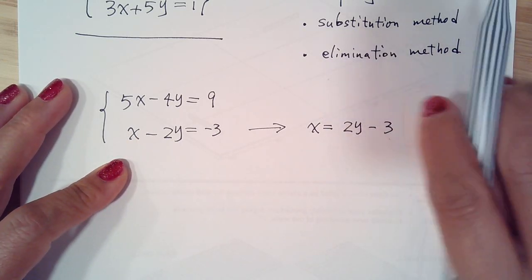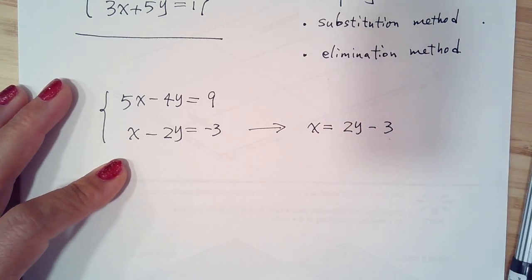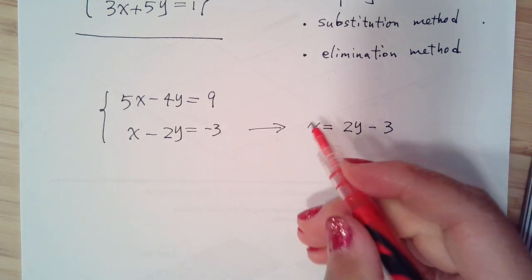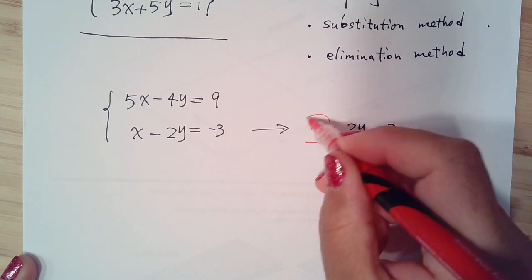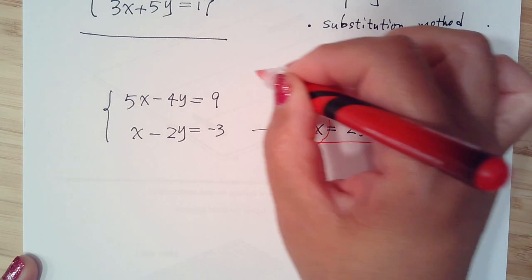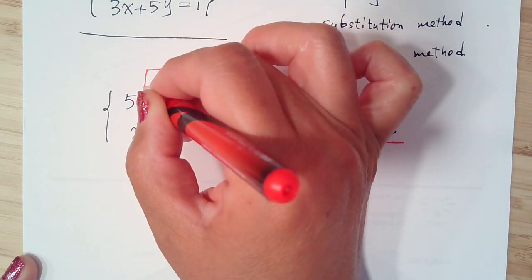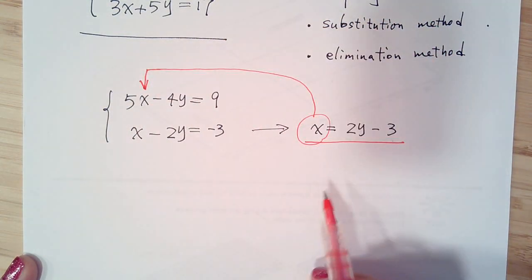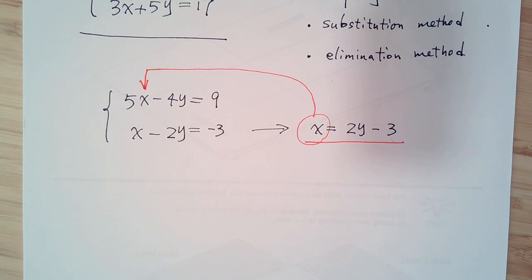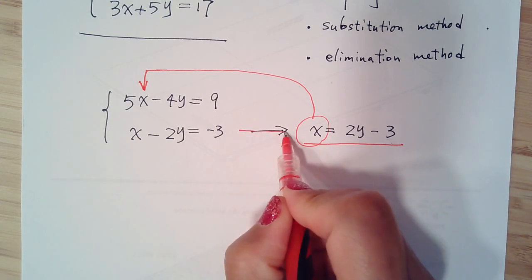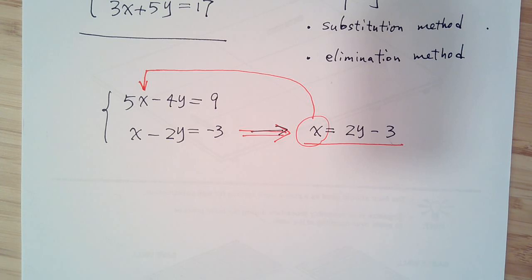Then you are going to substitute this x by 2y minus 3. Remember you get this from this equation, right? Because that coefficient is 1. Then you get simply x equals something, and then you plug it back. Now let's see what happened once you plug this back.